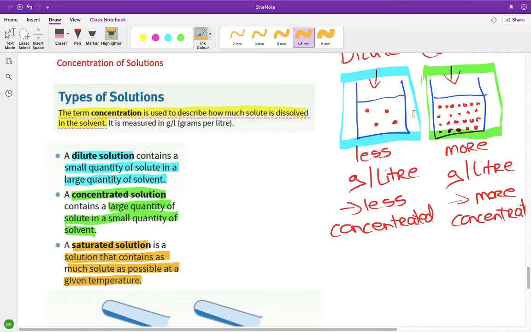If you add another grain of salt, it will not dissolve. It will fall straight out of the solution to the bottom because that solution is saturated. That liquid has dissolved as much solid as it is capable of. Now, we learned the other day that if you heat it, it will dissolve more. So that's why this says at a given temperature.